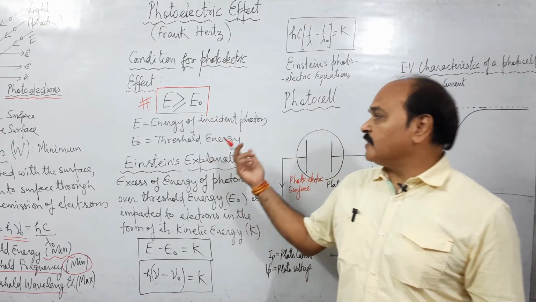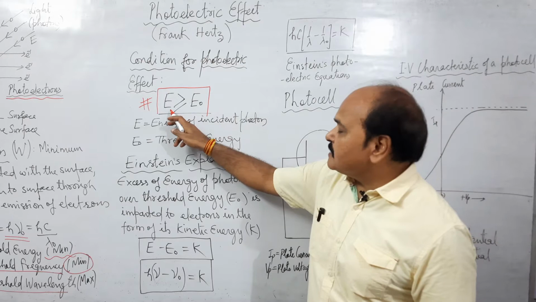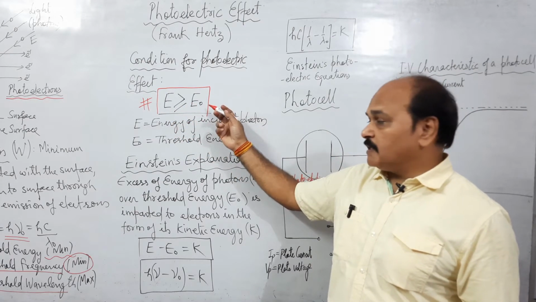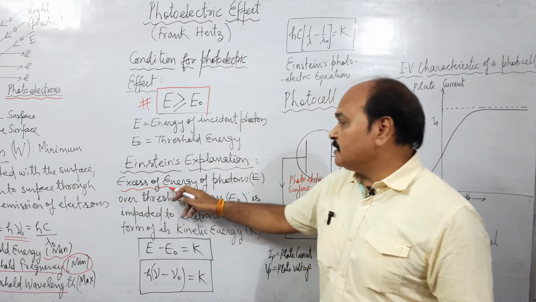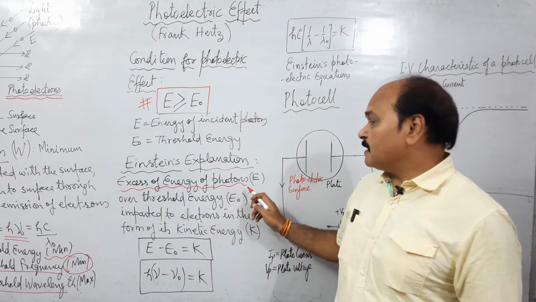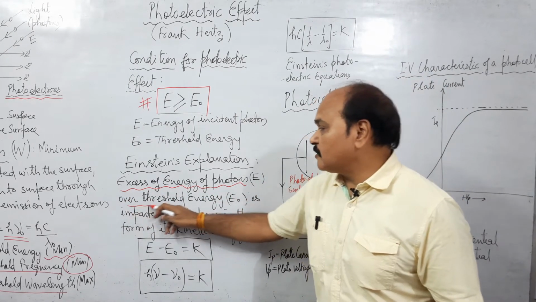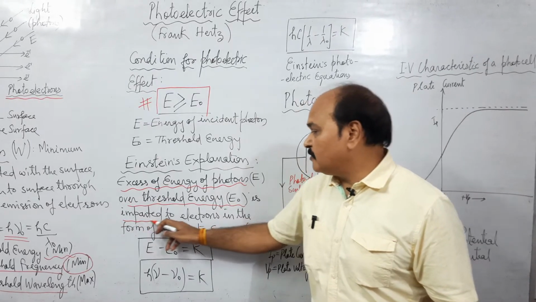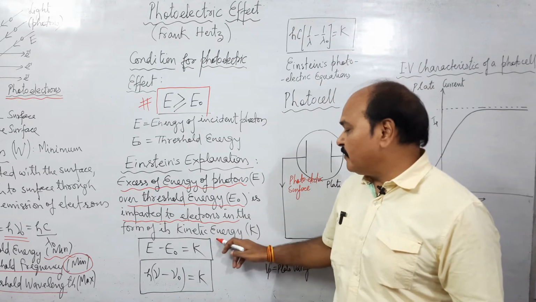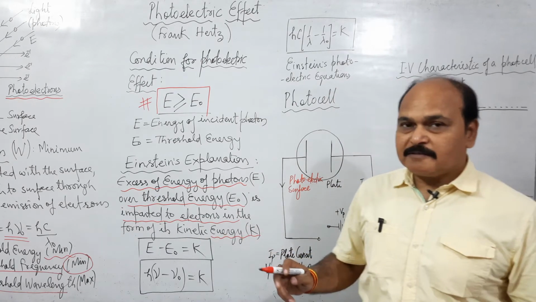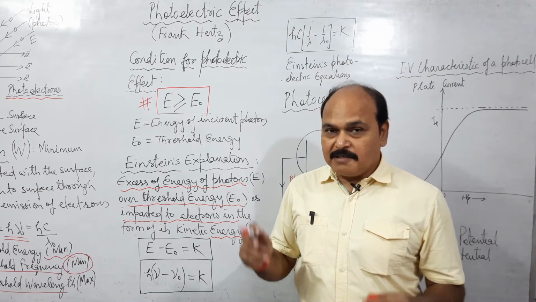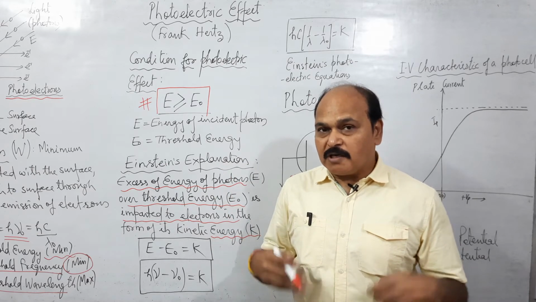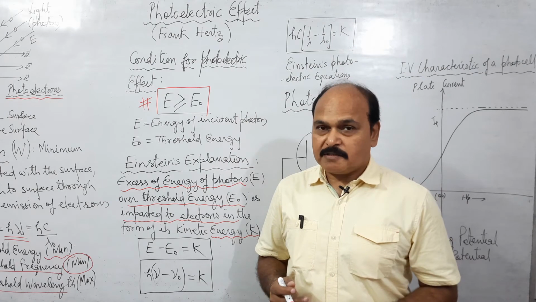And what happens thereafter? Whatever is the excess of energy of photon over the work function, the excess of energy of photon over threshold energy E naught, is imparted to electrons in the form of kinetic energy. E of course has to be greater than or just equal to E naught for photoelectric emission to take place.